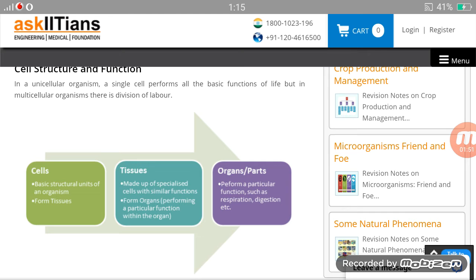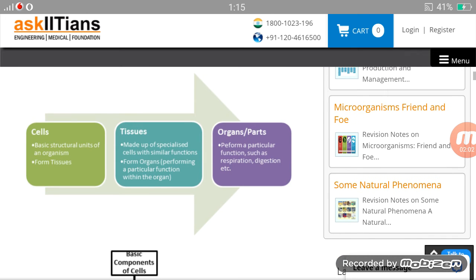In the unicellular organism only one cell is there, so that one cell performs all the functions. There is no division of labor. This I have also told you in this arrow. Let's study what is written.